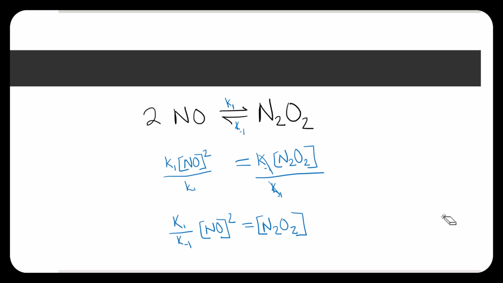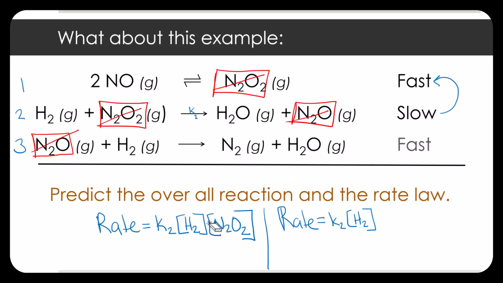I'm replacing it with k1 over k negative 1 times the concentration of NO squared. So now we have a rate law that does not contain intermediates. And now we know this is in fact the rate law for this reaction.